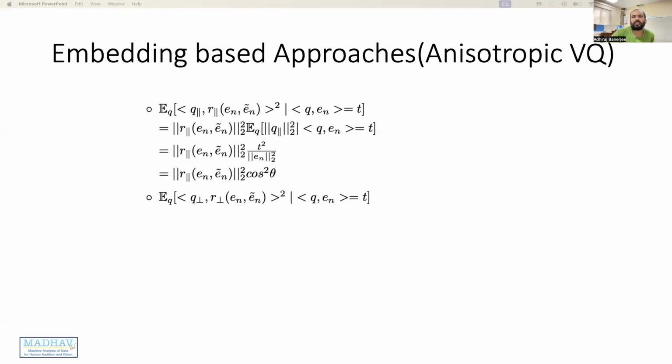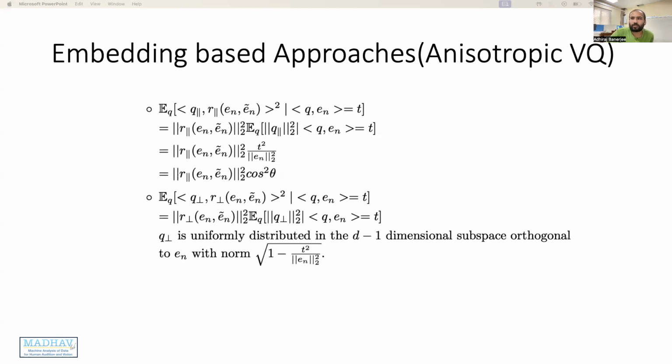Now, let's calculate the expectation of the squared inner product of the perpendicular components of the query and residual. This can be simplified to the product of the squared norm of the perpendicular component of the residual and the expectation of the squared norm of the perpendicular component of the query.